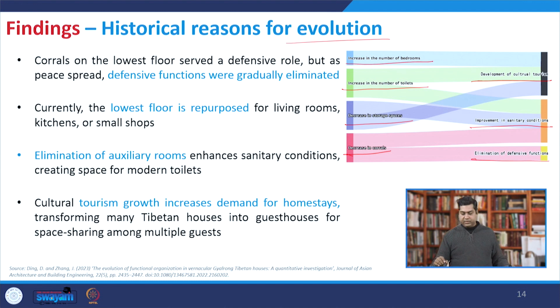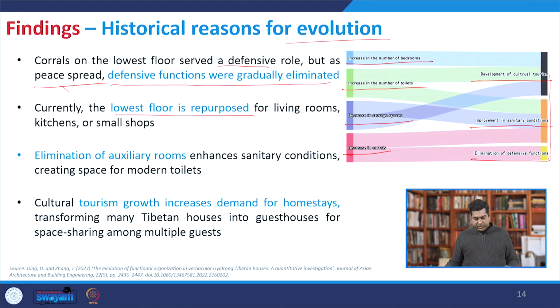These are different outcomes, certain phenomena that happened. The corrals on the lowest floor served a defensive role, but as peace spread, defensive functions were gradually eliminated. Currently the lowest floor is repurposed for a living room, kitchen or small shop.